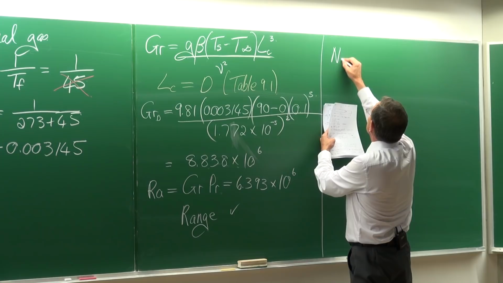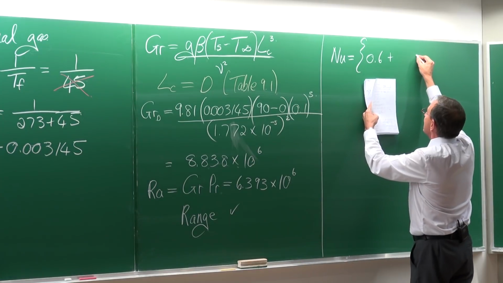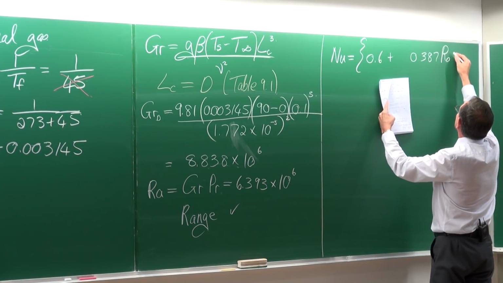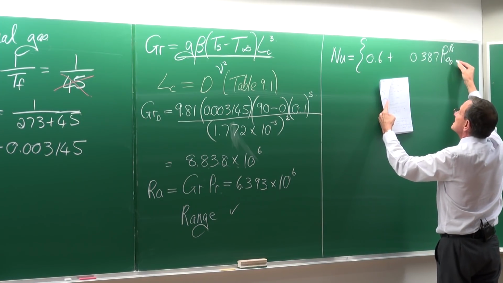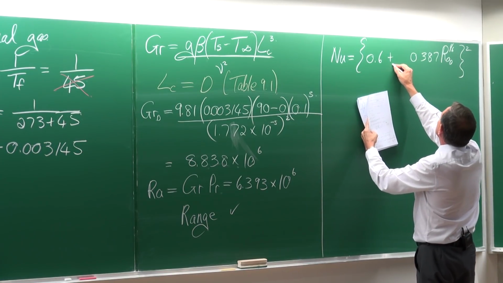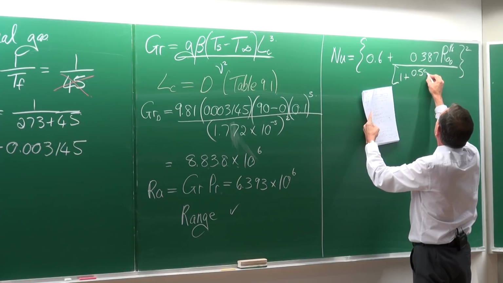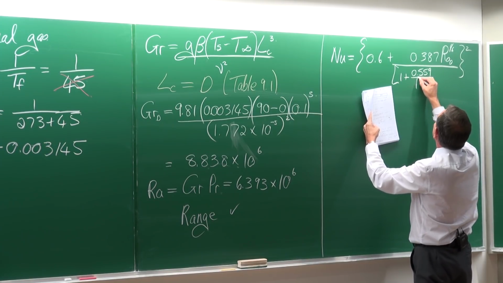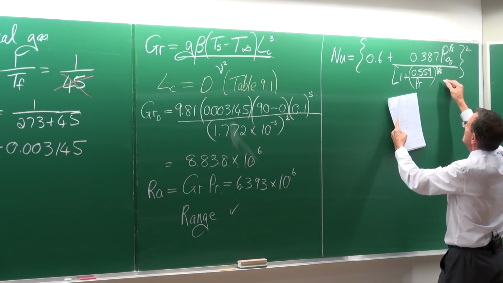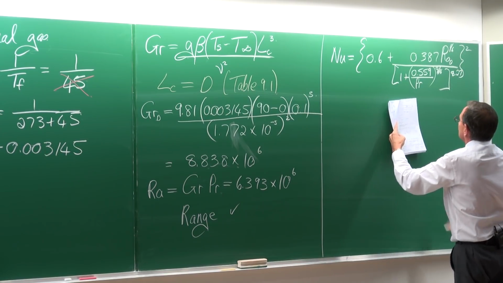The equation that they give is the Nusselt number is equal to 0.6 plus 0.387 multiplied by the Rayleigh number based on the diameter to the power of 1/6, everything squared, divided by 1 plus 0.559 divided by the Prandtl number, everything to the 9 over 16, and then everything underneath to the power of 8/27.